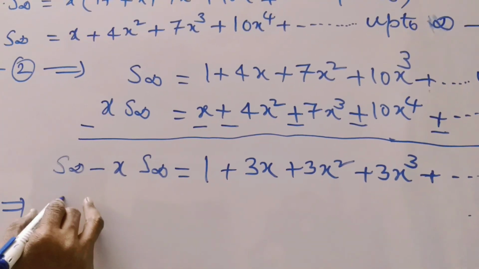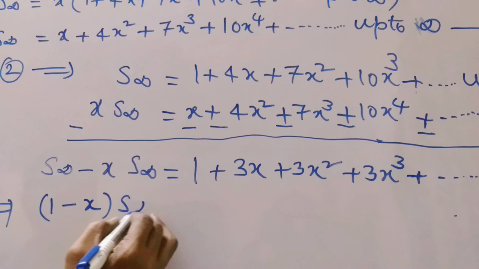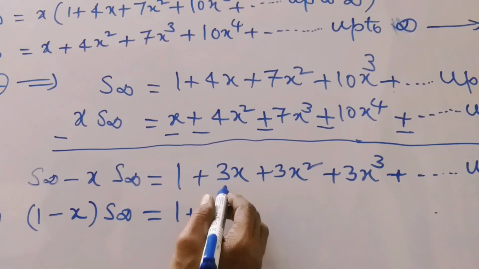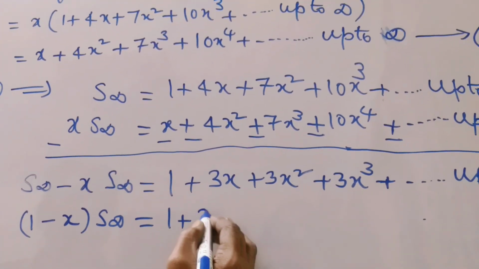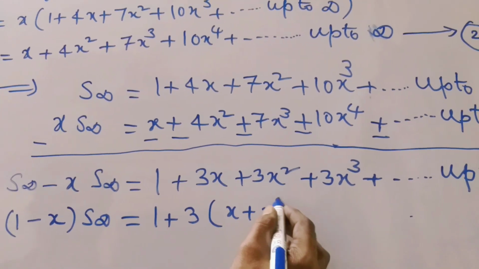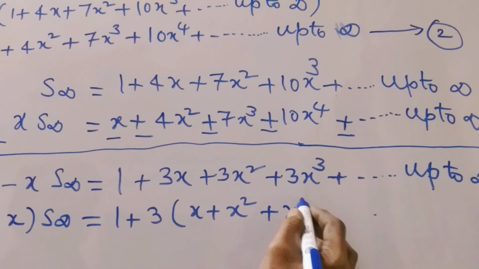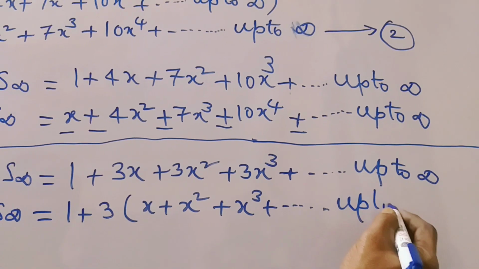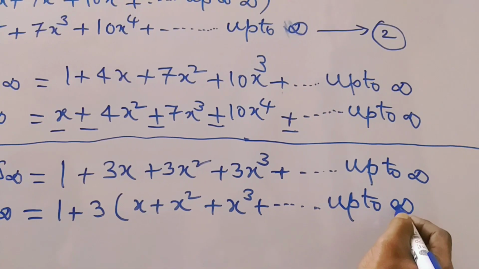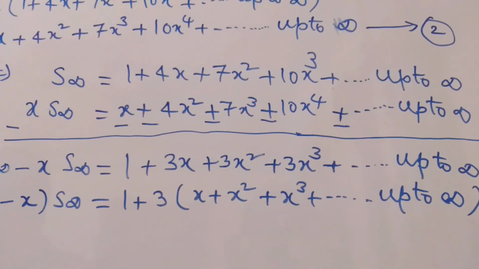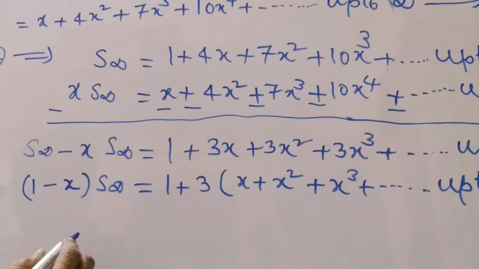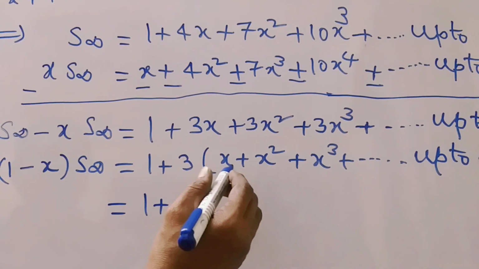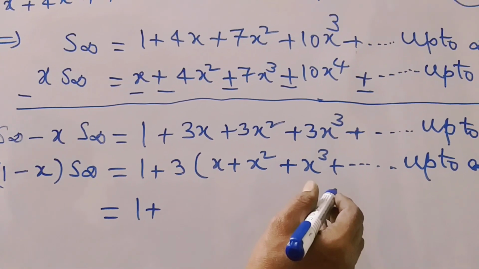It becomes 1 minus x into S infinity is equal to 1 plus, here 3 is the common factor for all these terms, so 3 of x plus x square plus x cube plus and so on up to infinity.